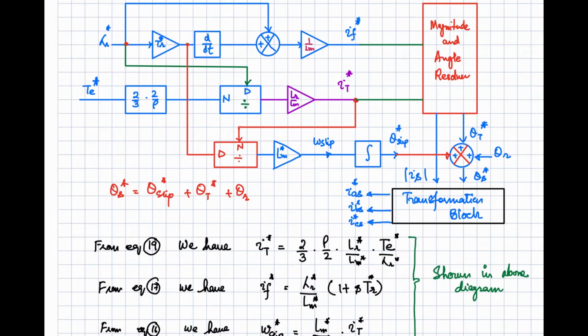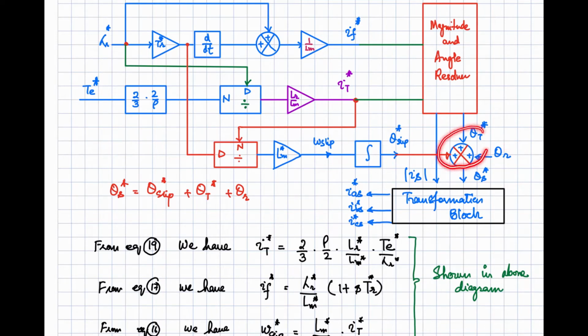In this diagram, you can see that we can find out IF and IT with the help of the lambda r and the torque command TE, and from this information we calculate the slip speed and the slip angle. That slip angle is used along with theta t, that is the torque angle of your induction motor, and then the rotor position that is coming through the speed sensor.